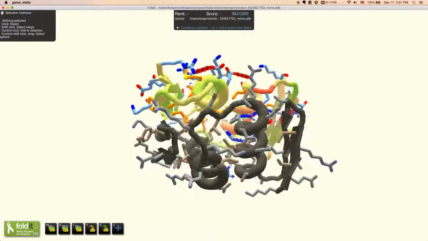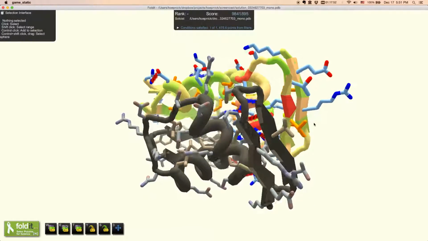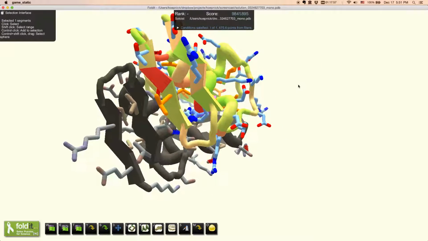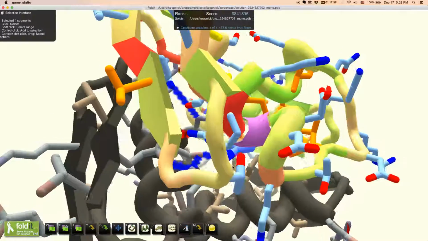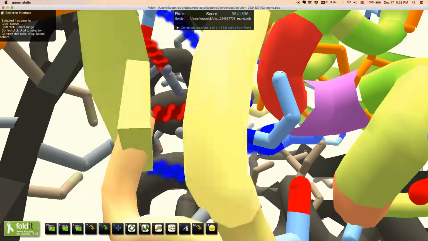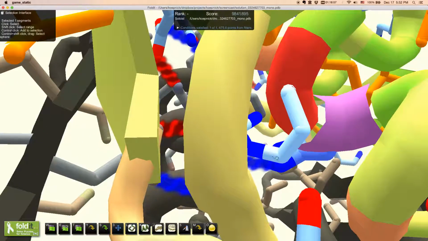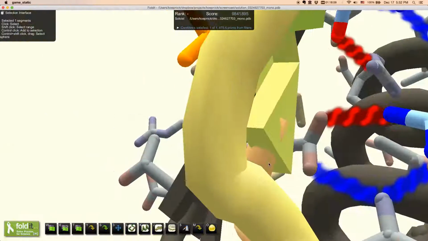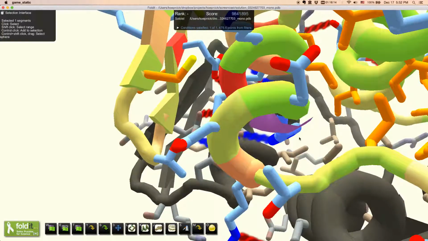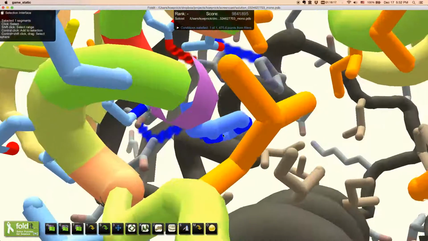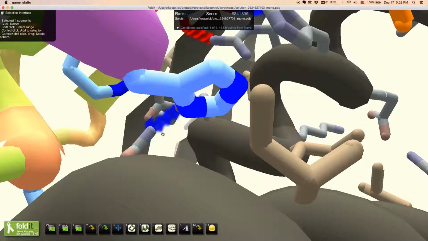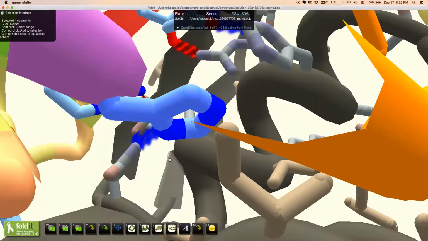as well. So if we zoom in here, let's see, there's a histidine hiding back here that I want to focus on. So yes, here we have a histidine making a hydrogen bond with this, it looks like an aspartate.